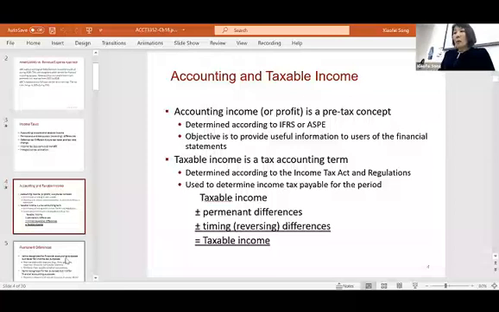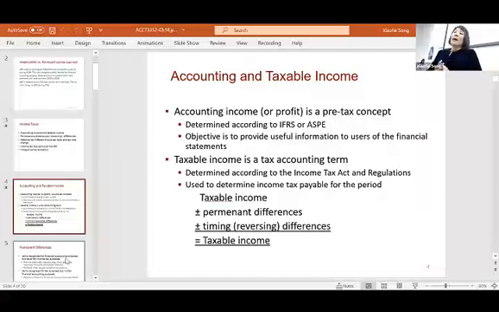Okay, taxable income is a tax accounting term. So this is the number that would be in the tax returns. It's taxable earnings minus deductible expenses, which gives you this taxable income.